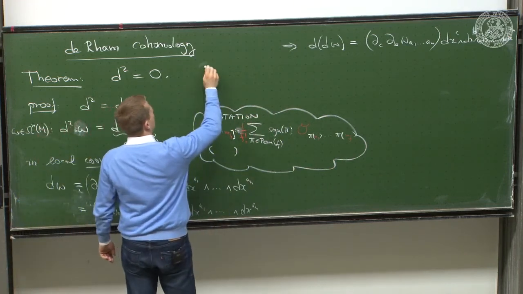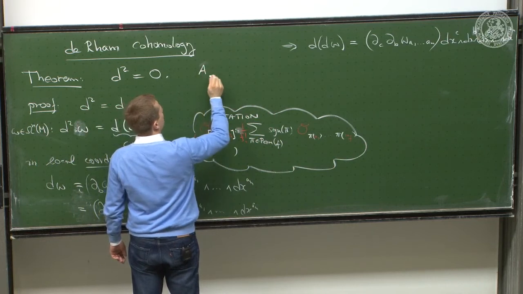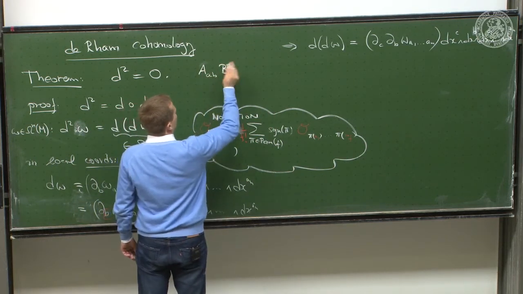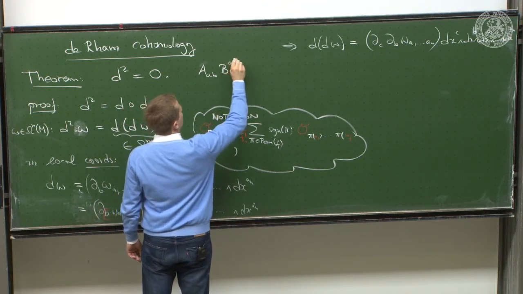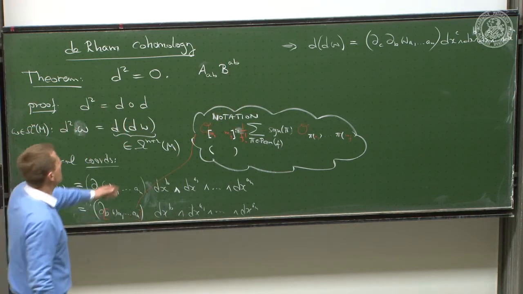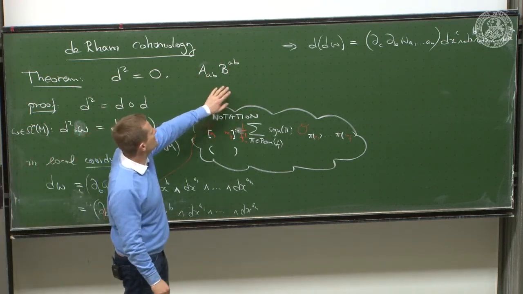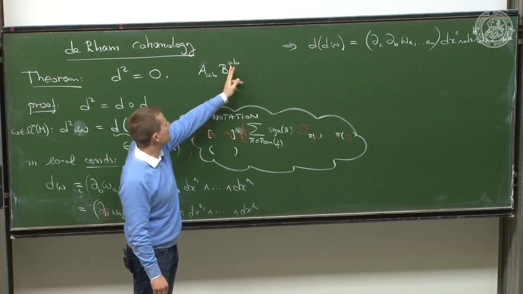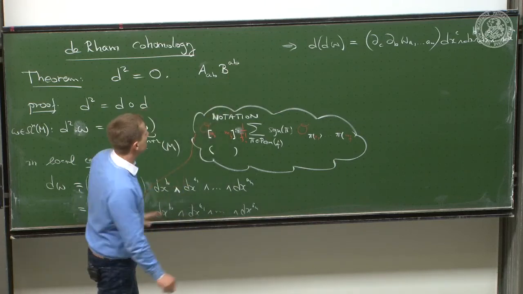But there's also a little result to be learned. So assume you have an object with two indices, A, B, and you have another object with two indices, A, B. And I really say object. It doesn't mean that these are scalar coefficients and this is a two form which is labeled by A and B like it is here.